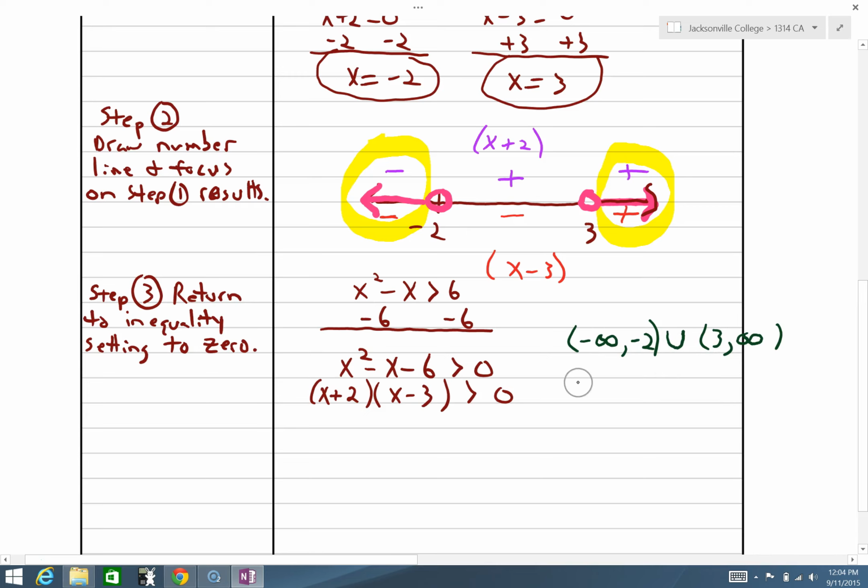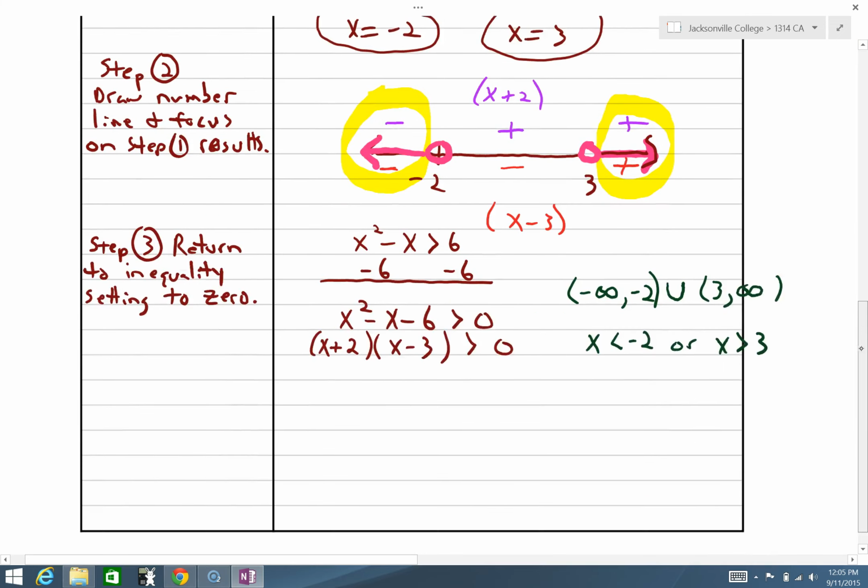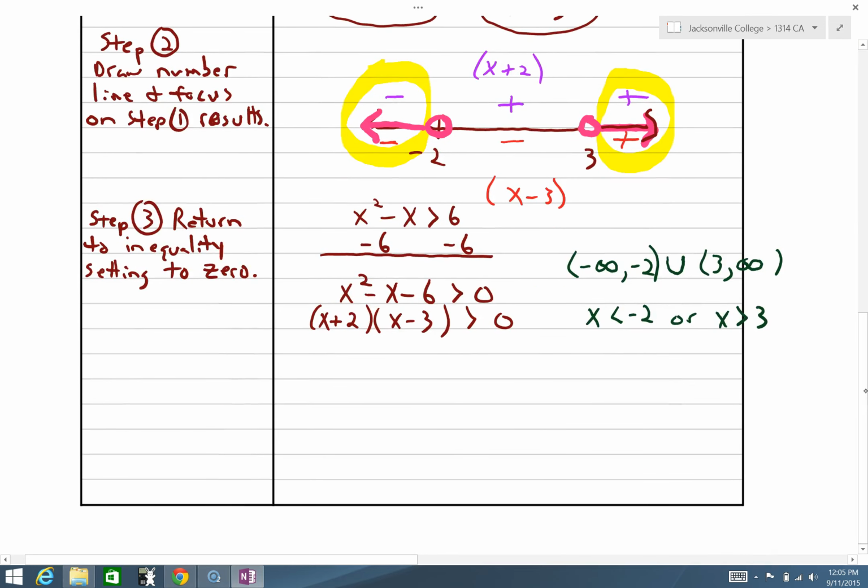Another way to write the set is to say that x can be less than negative 2 or x is greater than 3. These are two ways to write that. All right, what if we have a division? Well, same thing with a division.